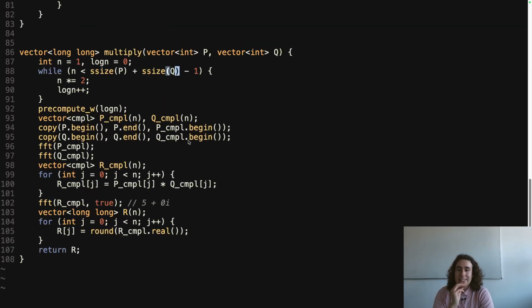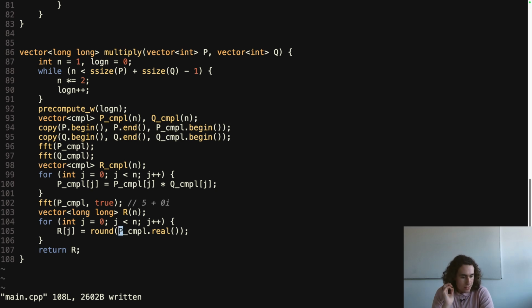What else can we easily change here? There's kind of no need to create this vector R complex. We can just use P complex j, multiply it by Q, and then do the reverse multiplication. This will save us even more memory, right? We're trying to have as little memory as possible.